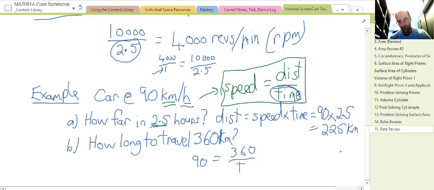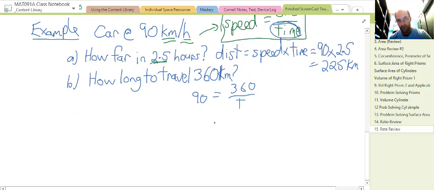We don't know what that something is. We could do a bit of guess and check, but perhaps there's a more efficient way than guess and check. When we have the unknown on the bottom, one of the ways of working is to turn both sides into fractions. 90 is 90 over 1. 360 over the missing value t.